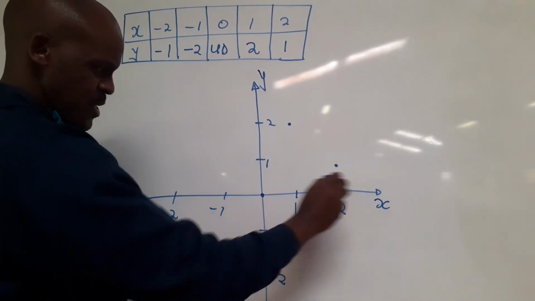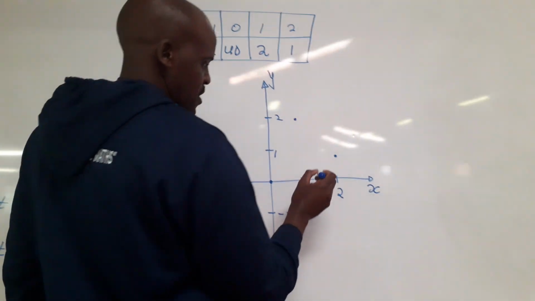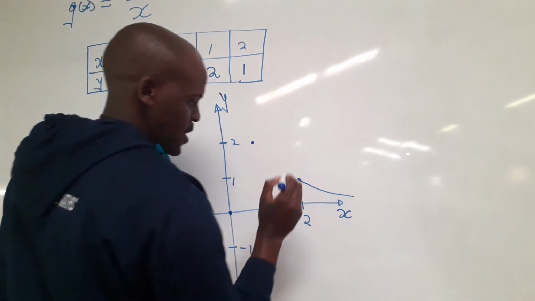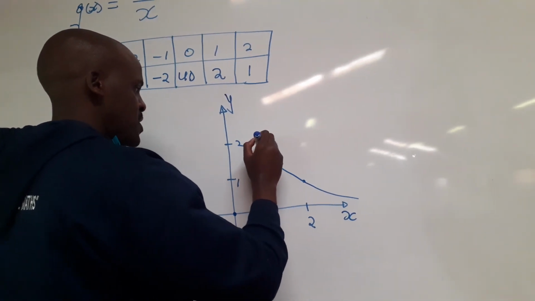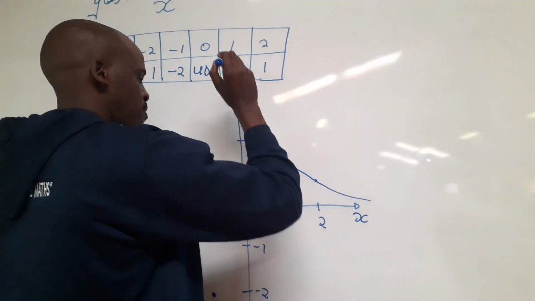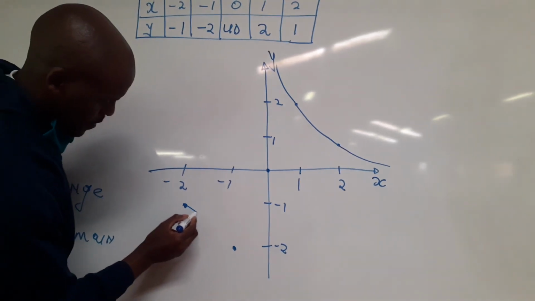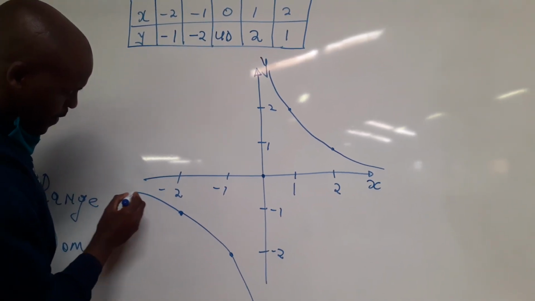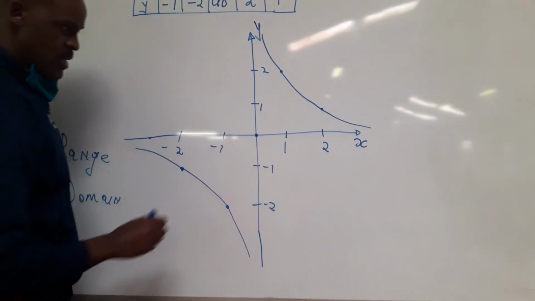It won't touch the x-axis. Right, let's capture the graph. It approaches here, but it doesn't touch. Also here, goes up like that, but it doesn't touch. It doesn't touch the x-axis, it doesn't touch the y-axis.